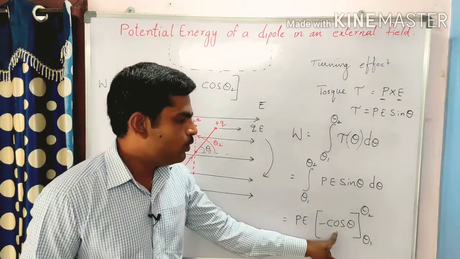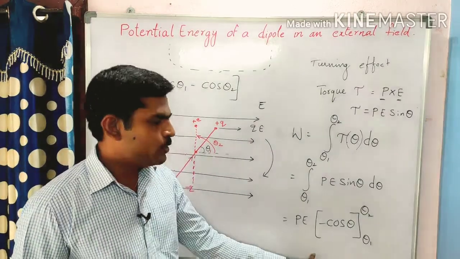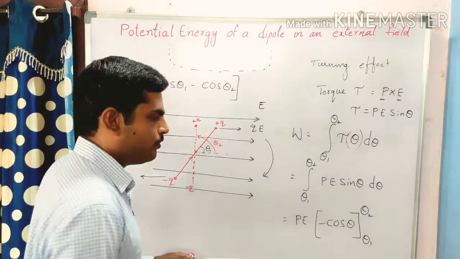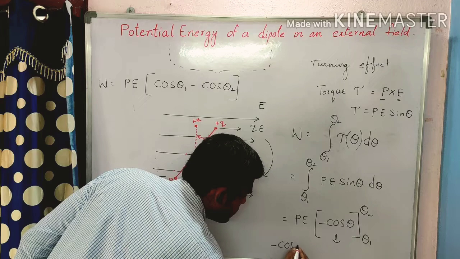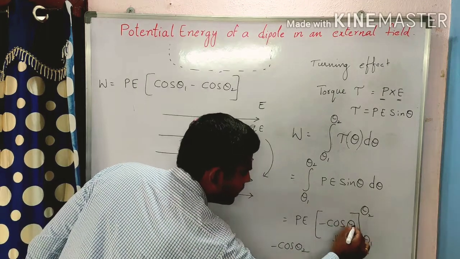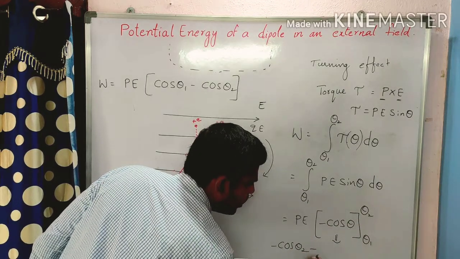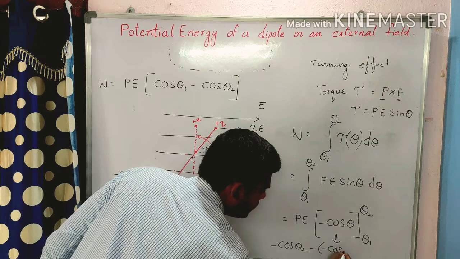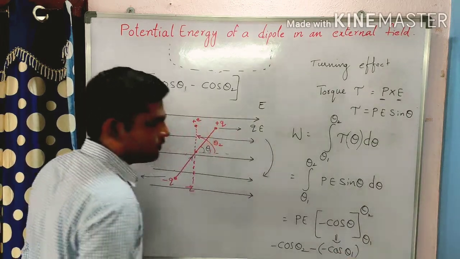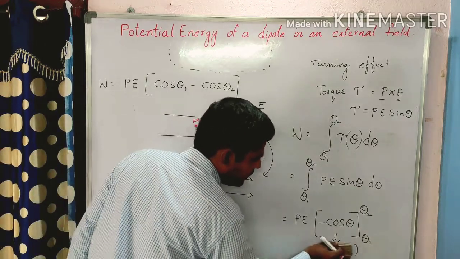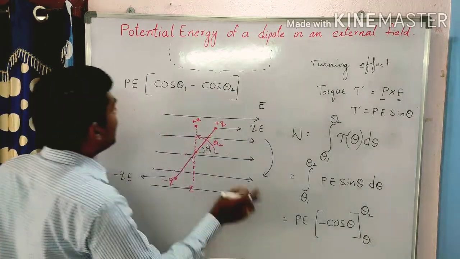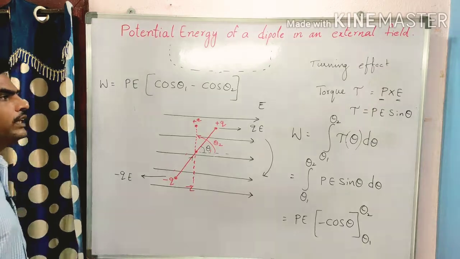When you apply the limit, see what you will write here: minus cos theta 2 minus of minus cos theta 1, right? Minus into minus is plus. So directly I am writing here as cos theta 1 minus cos theta 2.